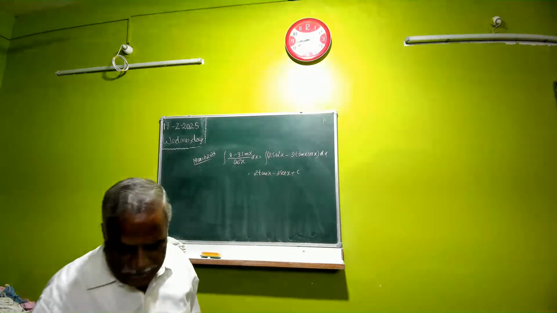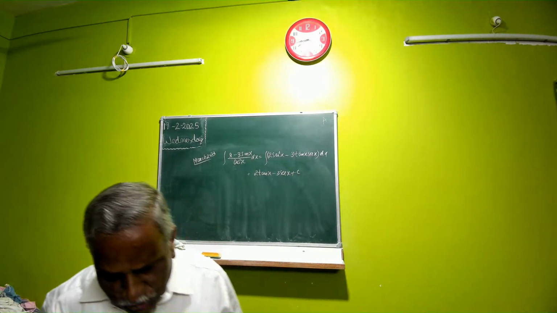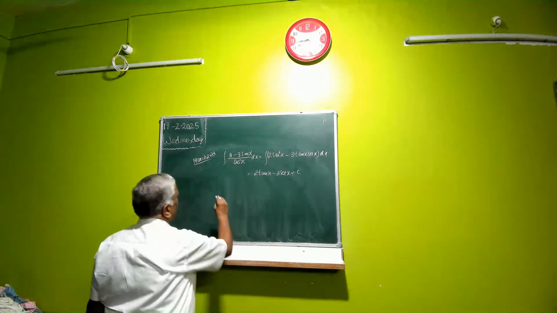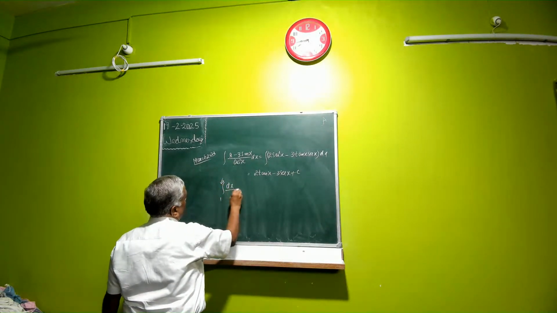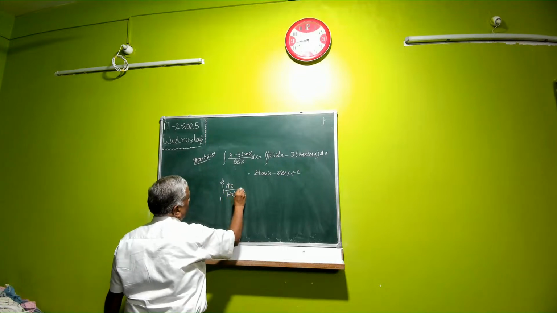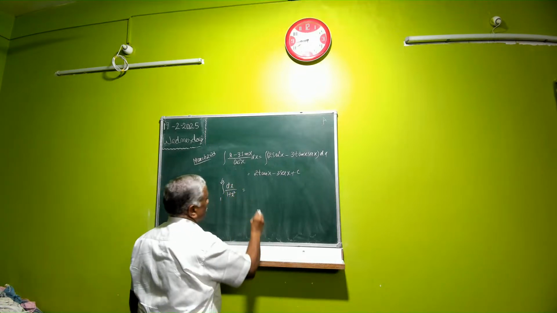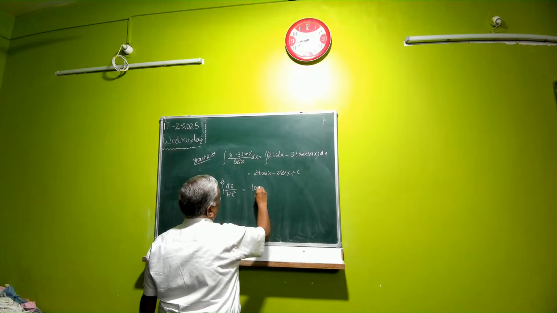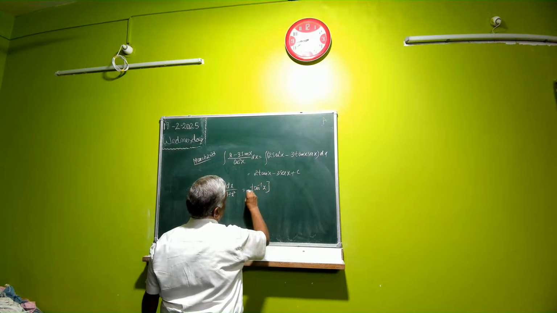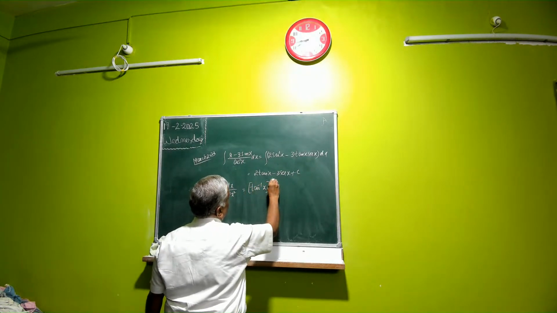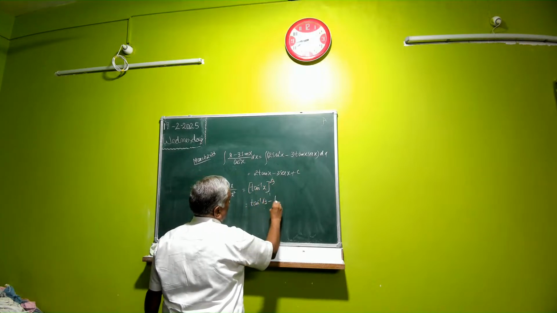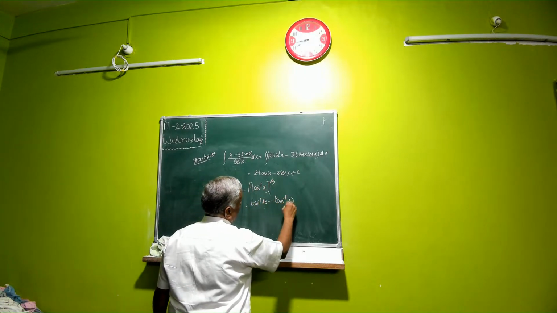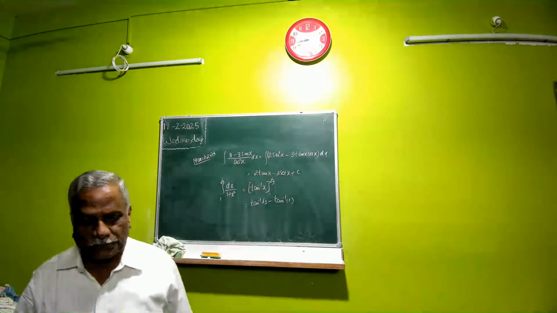The next problem is 1 to root 3, dx over 1 plus x square. You know it is tan inverse x. 1 to root 3: tan inverse root 3 minus tan inverse 1. What is tan inverse root 3?